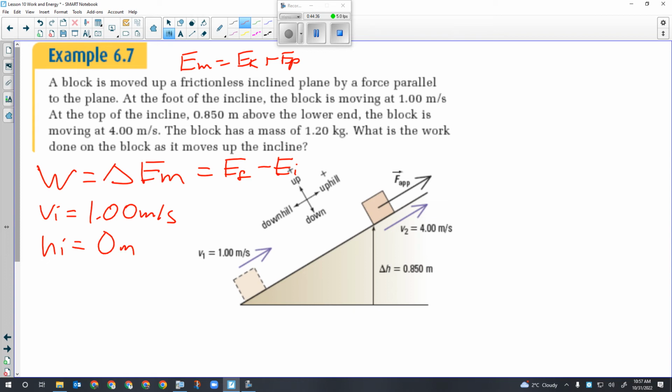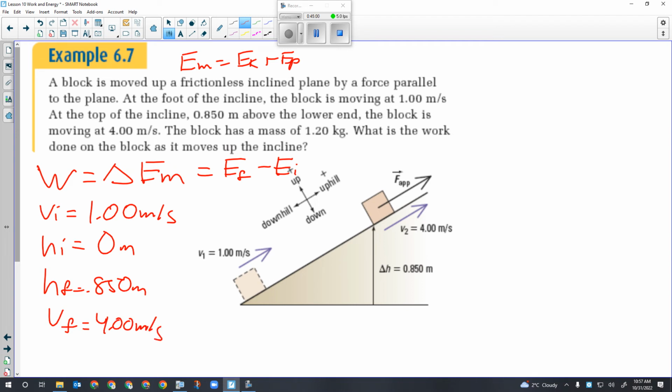Zero, I don't have any. So one thing just got easier. I don't have any potential energy, so I can not bother spending time doing that part. From the final perspective, my final height is 0.850 meters, and the final speed is 4 meters per second.